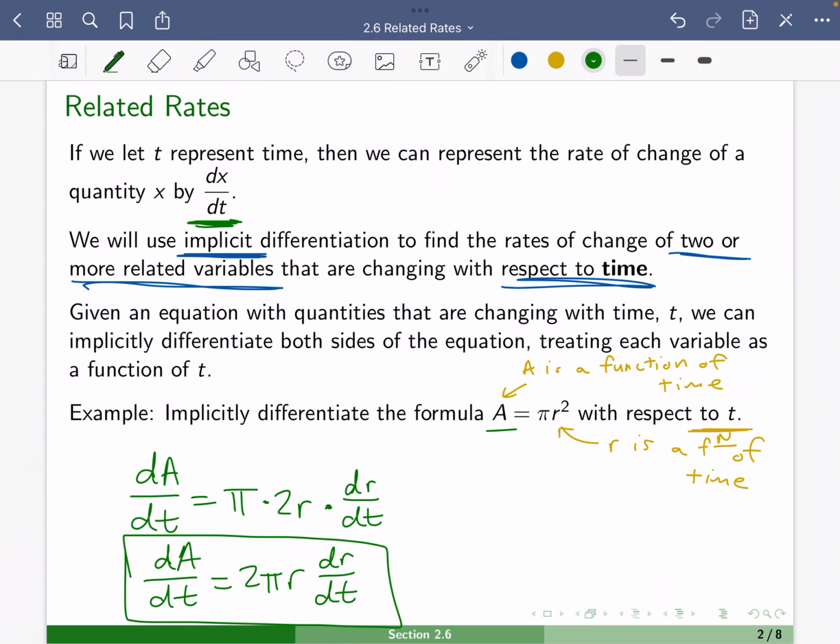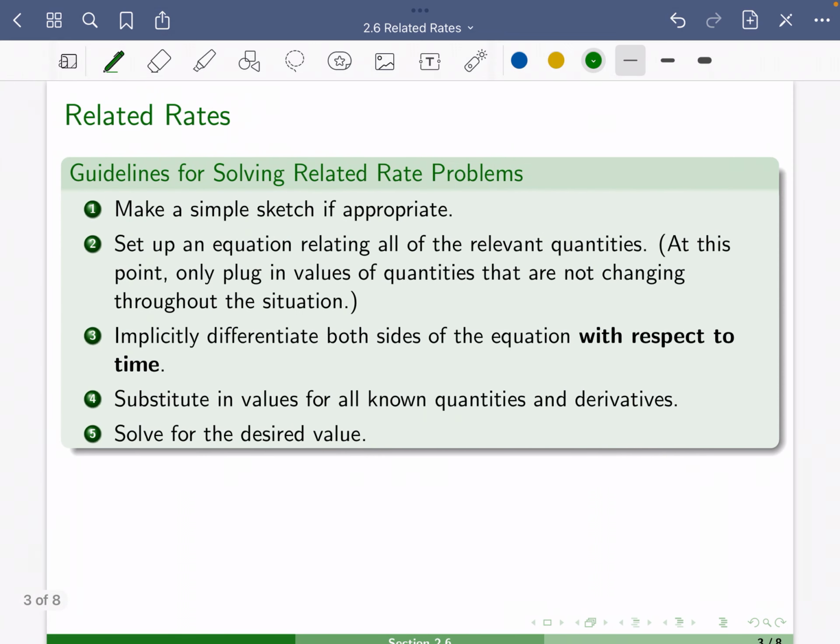So how do we solve a related rates problem? What's our strategy? Well, to solve a related rates problem, first, if it's appropriate, make a simple sketch. You're just going to draw a picture that represents the setting so you can start to think about what is being represented there.